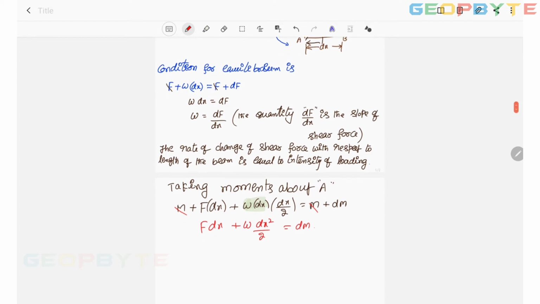You know, the quantity dx is very small, therefore the square of the small quantity is generally negligible. Therefore, I am going to ignore the factor W into dx square by 2.